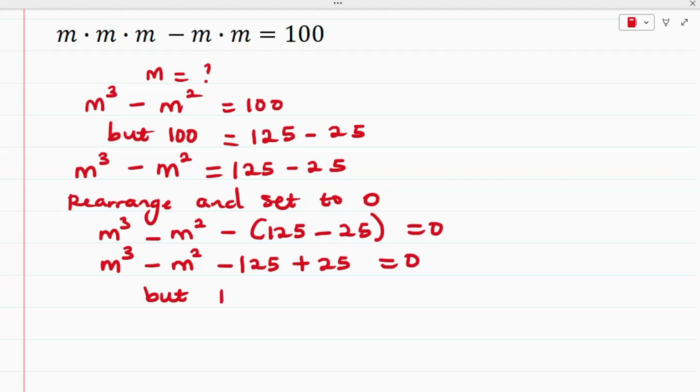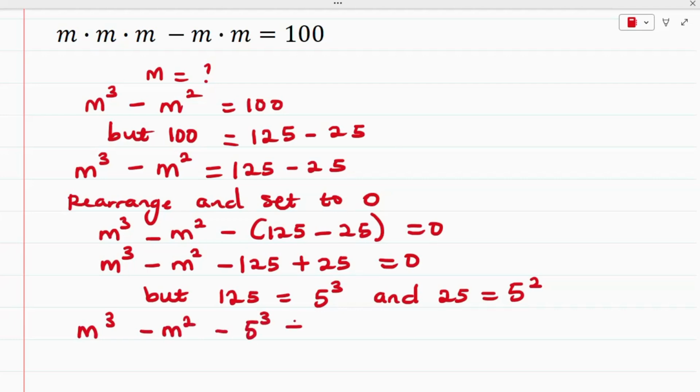But we can easily express 125 in terms of 5 as 5 raised to the power of 3, and we can express 25 in terms of 5 as 5 raised to the power of 2. So this becomes m raised to the power of 3 minus m raised to the power of 2 minus 5 raised to the power of 3 plus 5 raised to the power of 2, and this is equal to 0.